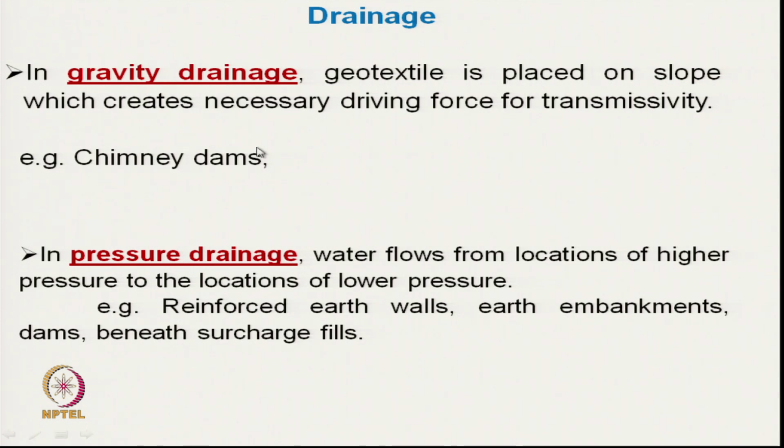Chimney dam is one of the examples. And in pressure drainage, water flows from its location at high pressure to the other place where pressure is low, like reinforced earth wall, earth embankments, dams.